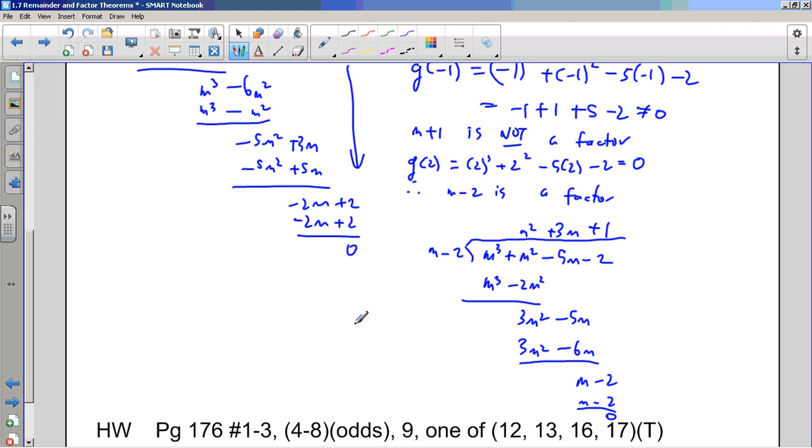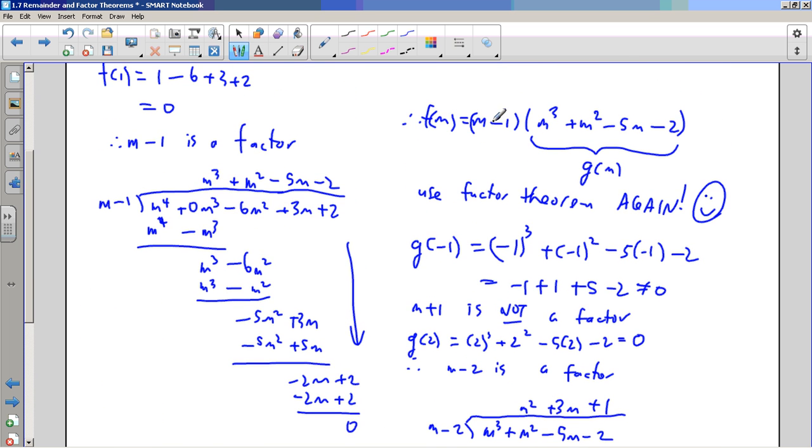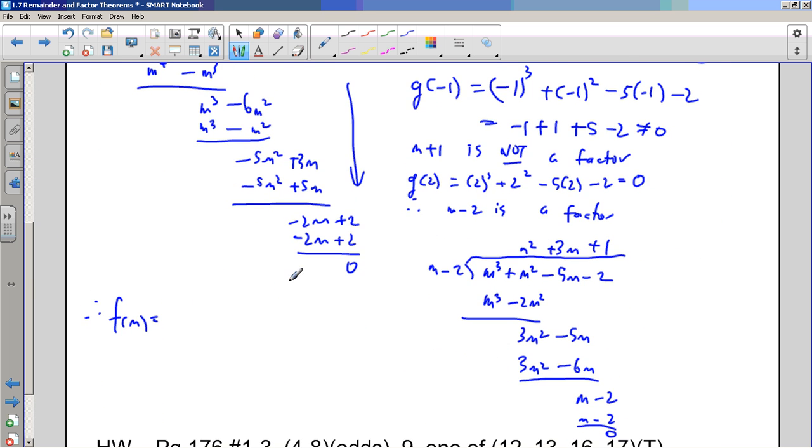So then therefore, finally after all that work, f at m is equal to that factor times this factor. Now, this thing is a grade 11 trinomial, but this thing here doesn't factor any further. What are numbers that multiply to get 1 and add to get 3? Well, it doesn't factor.